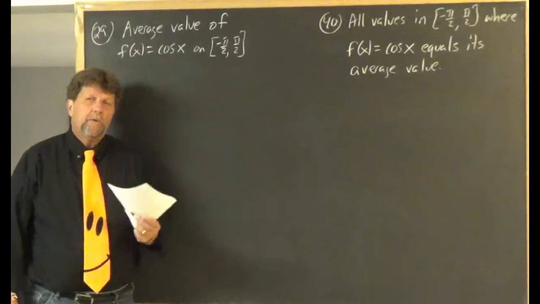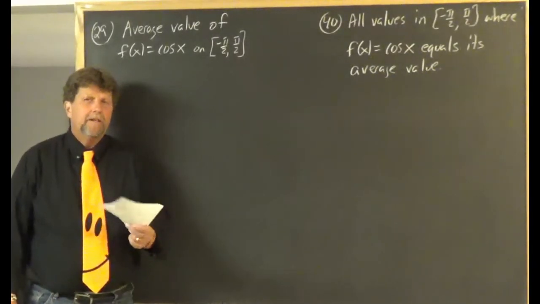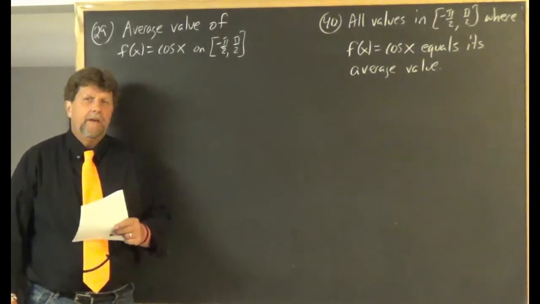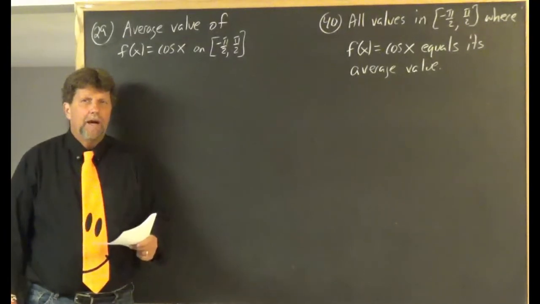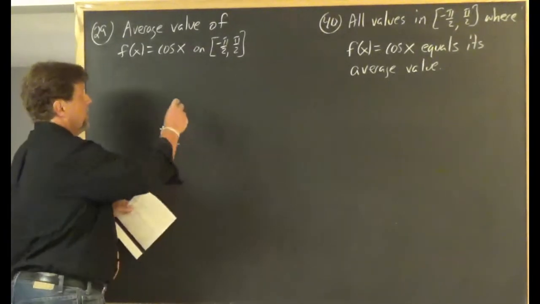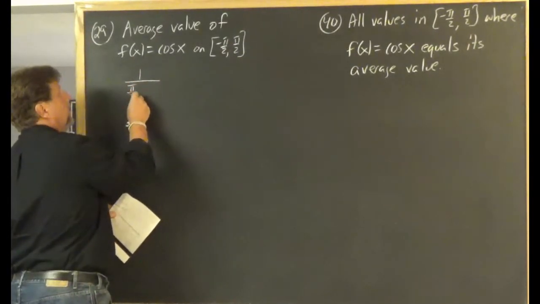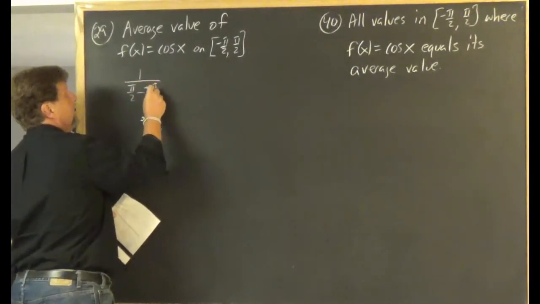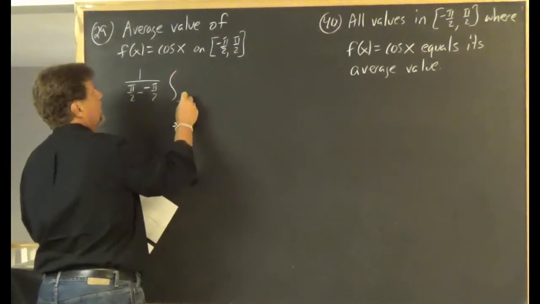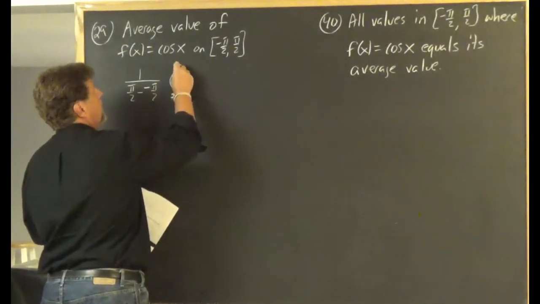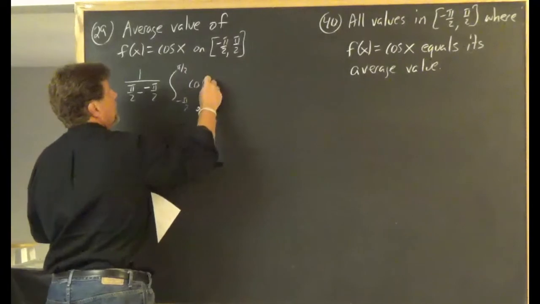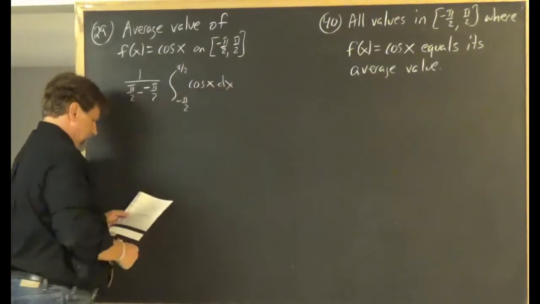Alright, number 29, you were asked to find the average value of f of x equals cosine x on the interval negative pi over 2 to pi over 2. So that starts off 1 over b minus a, integral negative pi over 2 to pi over 2 cosine x dx.